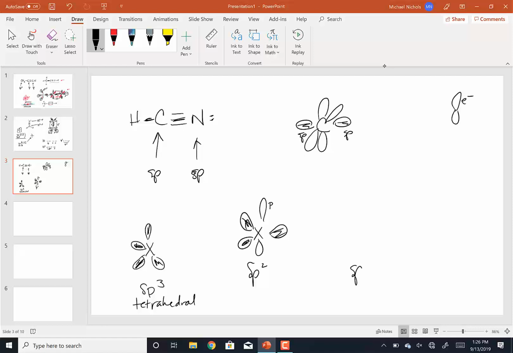Then if I have an sp, I'm going to have 2 lobes of electron density. VSEPR rules say they have to be 180 degrees away from each other. And now I have my other 2 p orbitals, each of which contains 2 lobes. So that means I have a grand total of 6 clouds of electron density around the atom. So it has to take on an octahedral geometry.